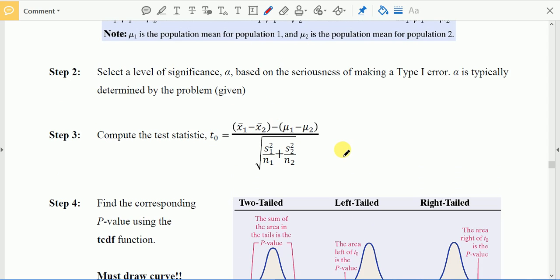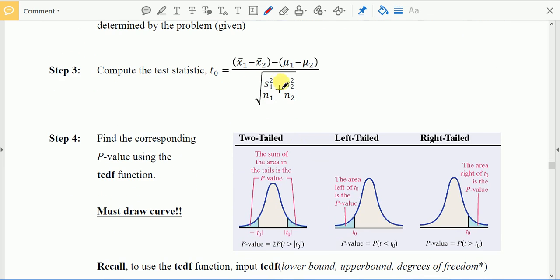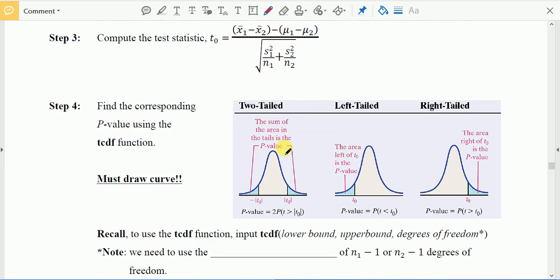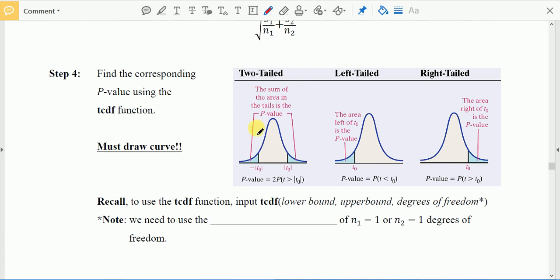So this is the mean for the first set of data, and this is the mean for the second set of data. The same goes for the standard deviation. And you still have to draw the curve in order to compute the p-value correctly.